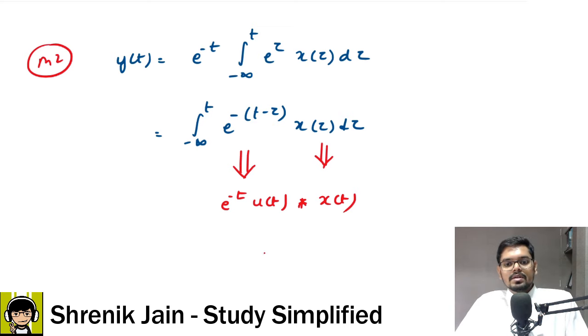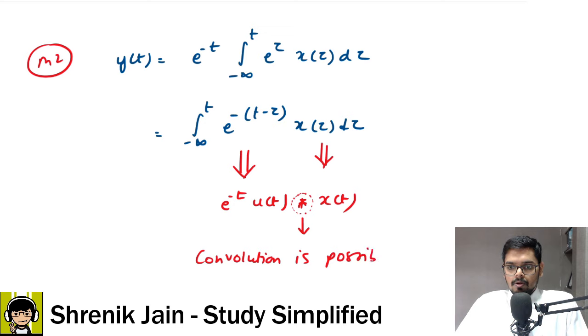Okay, so if it is convolution, convolution happens in which system? Convolution is possible only in LTI systems. So this system was a linear and time invariant system.